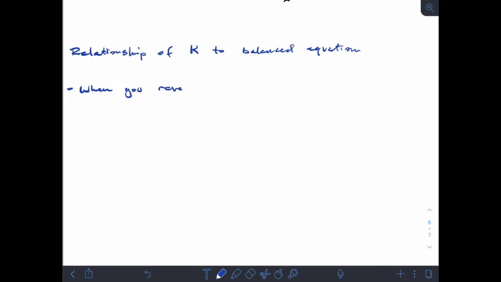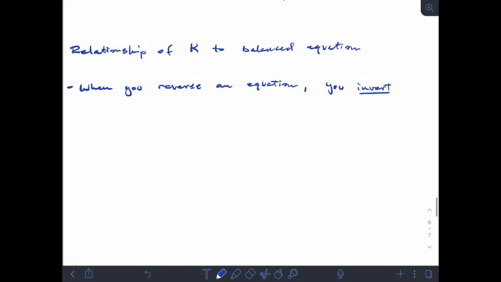When you reverse an equation, you invert K. So take 1 over K if you have to reverse an equation in order to combine them in a certain way.